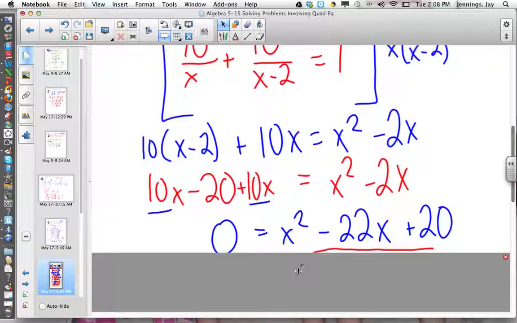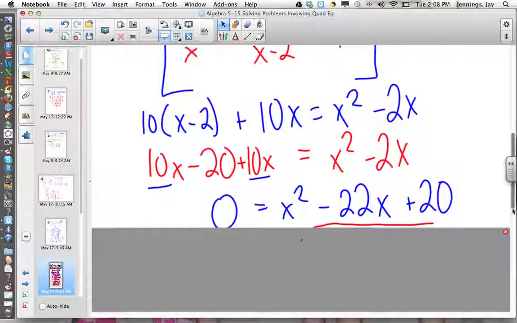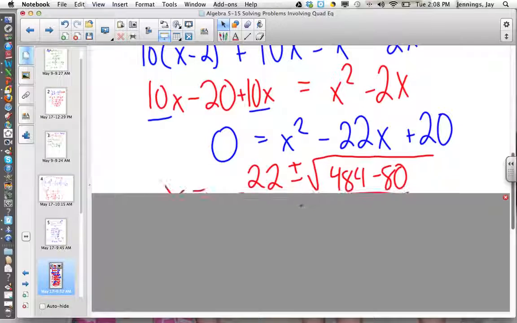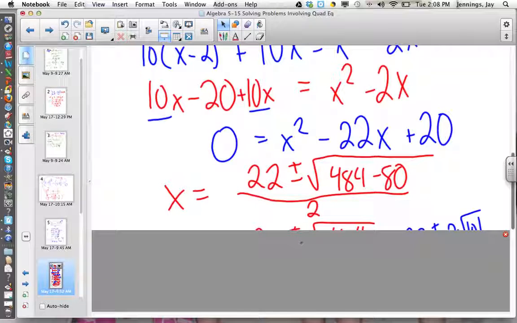Yes. Would completing the square be a good option? I think so. I think, though, I'm going to show you doing it the quadratic formula way. So opposite of b, plus or minus the square root of b squared minus 4ac, all over 2a.